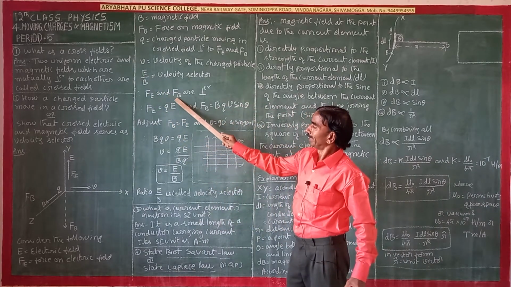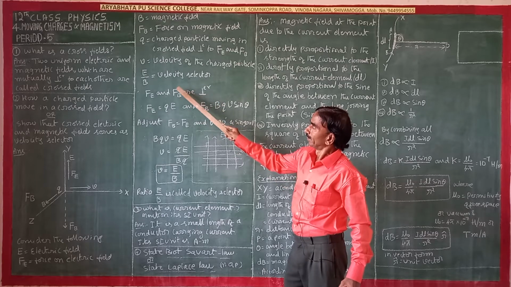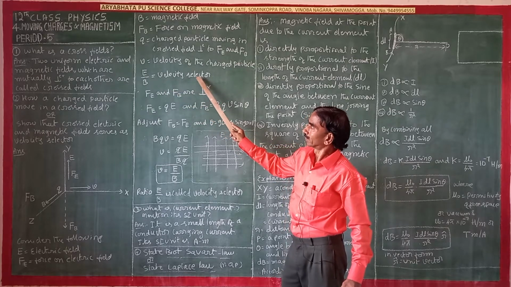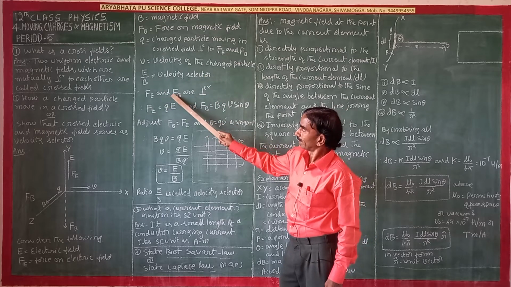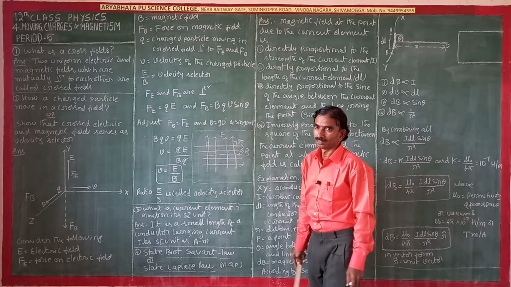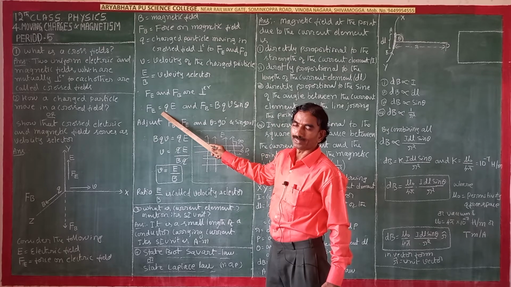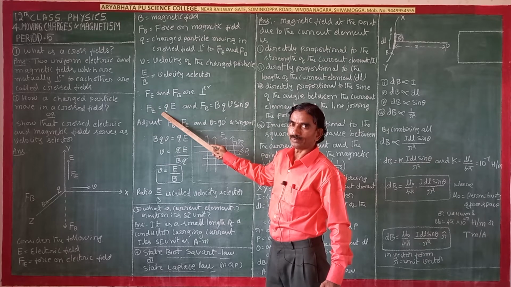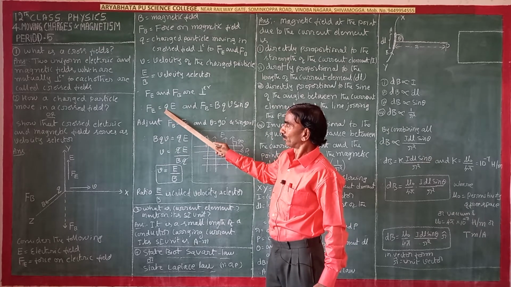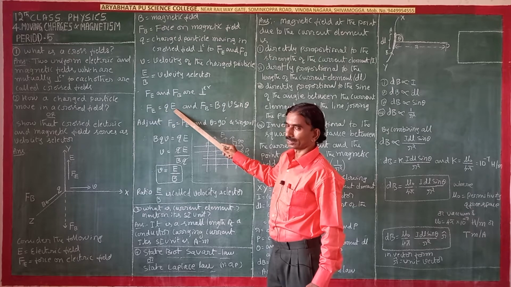Fe and Fb are perpendicular. Here E by B is equal to velocity selector. We know the force formulas from the previous classes. Fe is equal to QE, charge into electric field.